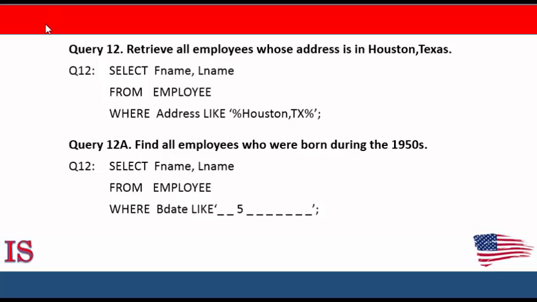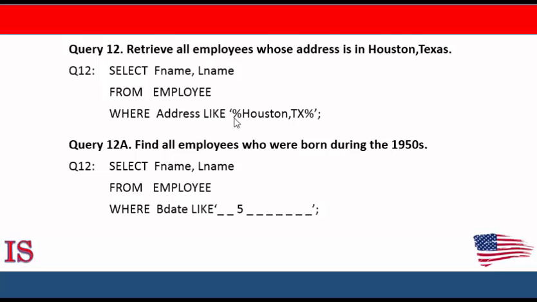Let's take a look at these two queries to see how this works. Retrieve all employees whose address is in Houston, Texas. In query 12, we'll select the first name and last name from the employee table where address like, quote, percent, the wildcard, Houston, comma, Texas, percent, the wildcard again, end quote.